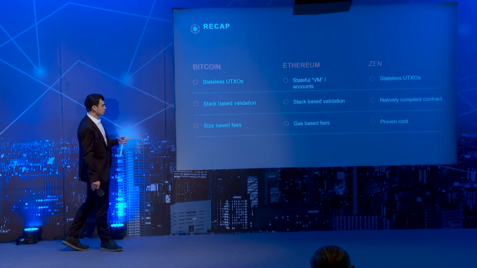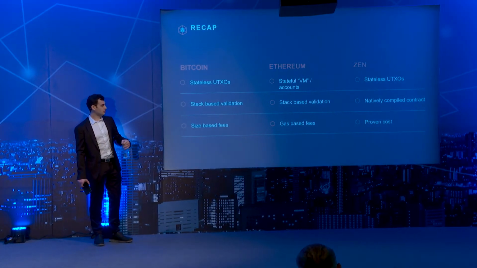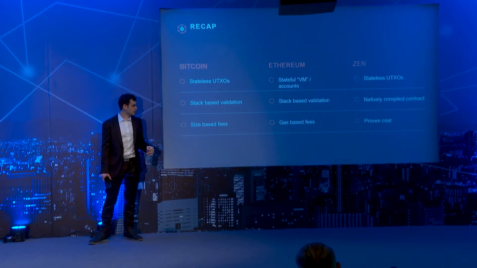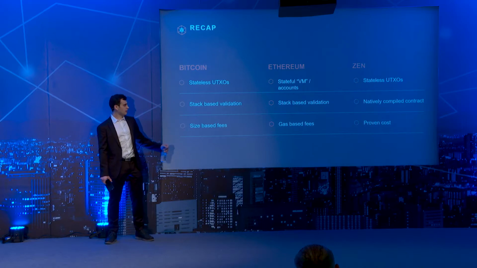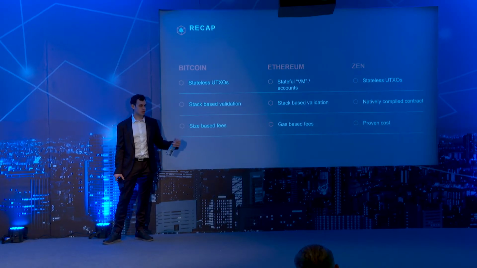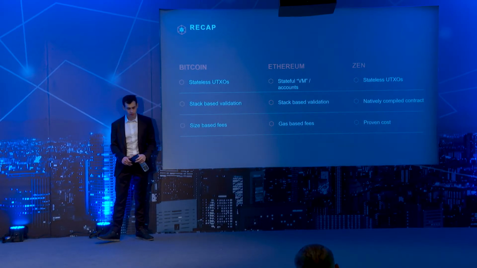With us, like Bitcoin, we're stateless UTXOs. You validate the computation of a transaction through a natively compiled contract on your computer. And the way you know how much that operation would cost is using the proven formal verification bounds.